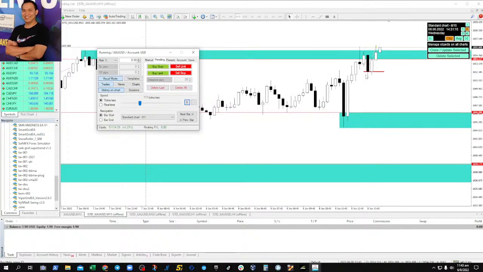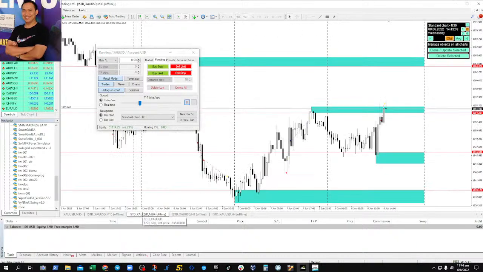This is not very clear, so oh, still bullish, huh? I cannot buy here because this is a sell zone, and this candle is not a bullish engulfing. Let's check M30. Okay, wait a minute.